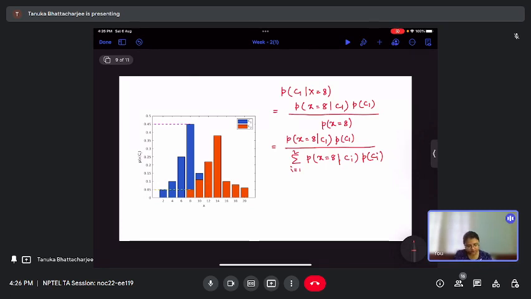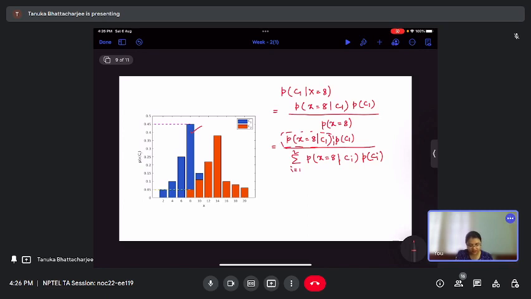Now, from the graph you can see, if we consider the class conditional for C1, this term is basically the class conditional for C1 evaluated at x equal to 8. Here we are given the class conditional for C1, the blue histogram, and the bin that I marked with the tick corresponds to the x value of 8.